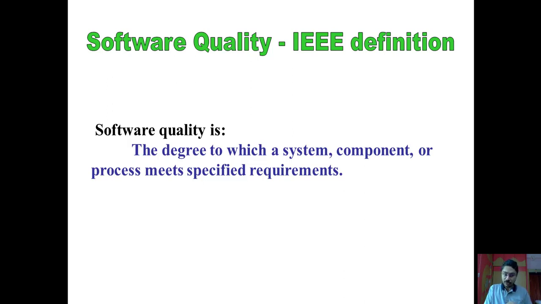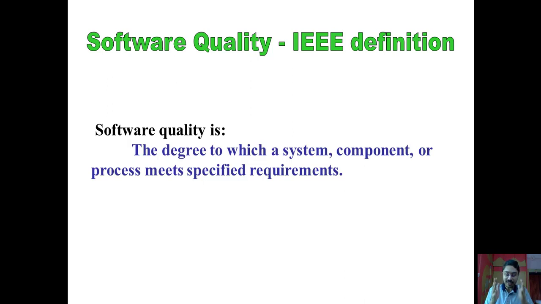Now what we will try to do is confine it, put a structure to this quality definition, and specifically we will see software quality in this case. So software quality, according to IEEE's definition, is the degree to which a system, a component or a process meets its specified requirements.